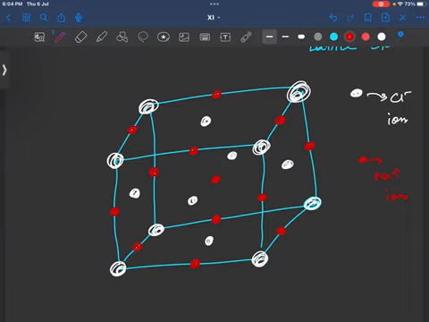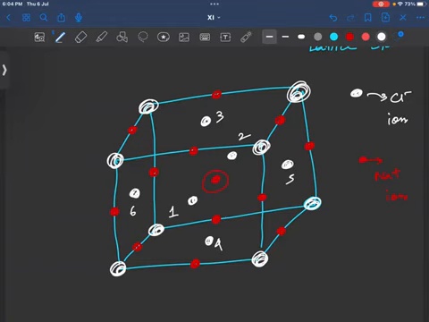And do you know solids? The property of solids. They have a definite shape. Definite shape ये क्या है? समझ में आ रहा है? So if you see here, if you see any Na plus, how many Cl minus is around it? At equal distance. 6. ये 1, ये 2, 3, 4, 5, 6.